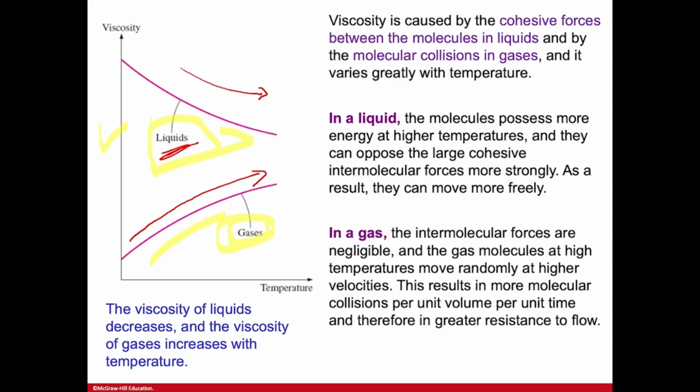Okay, so you don't need to know the equation, but you need to know that for liquids viscosity decreases with temperature, and be aware of the fact that viscosity of gases actually increases with temperature. So essentially for gases, the internal resistance increases the warmer it gets, right?